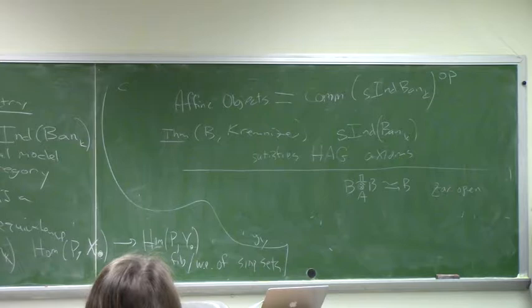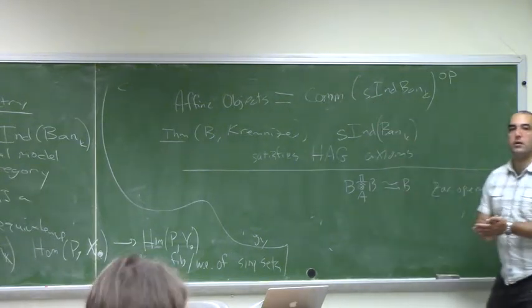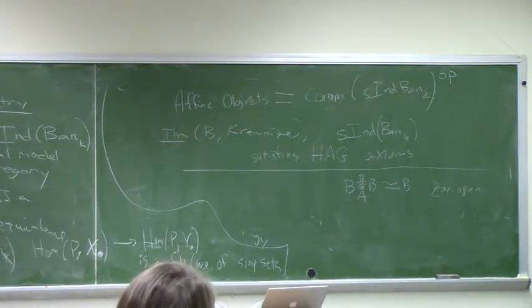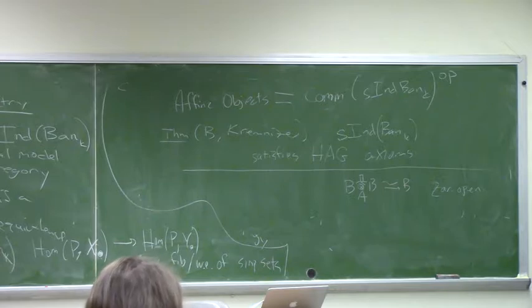What are the compact objects? Category of modules. In this category, yeah, category of modules. I think the coherent or finite modules.